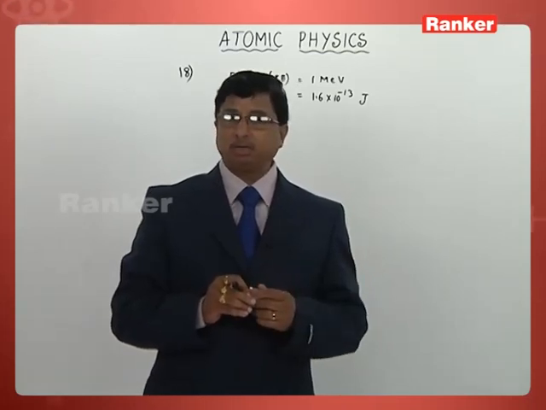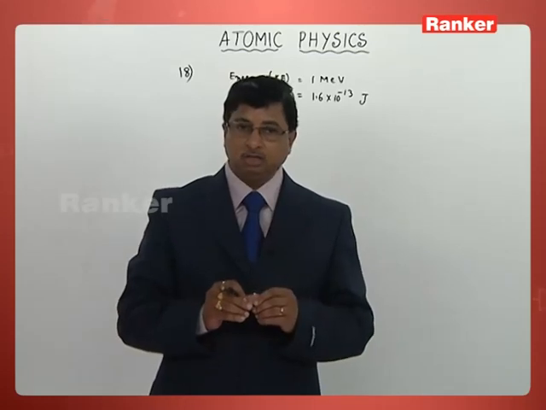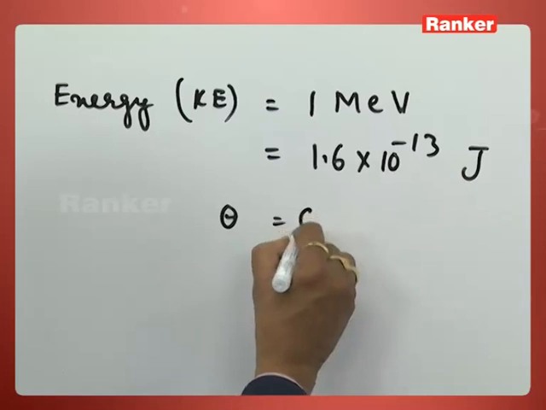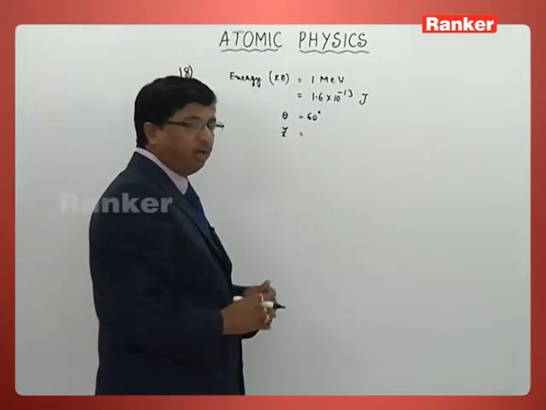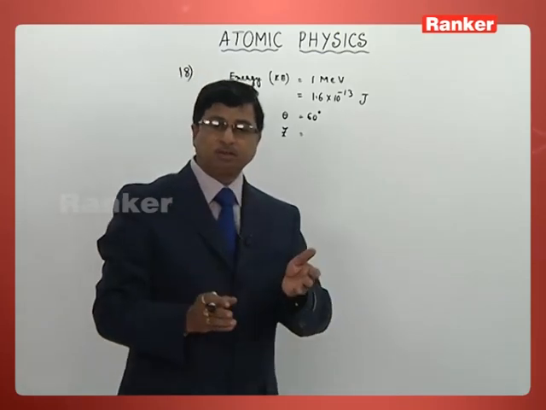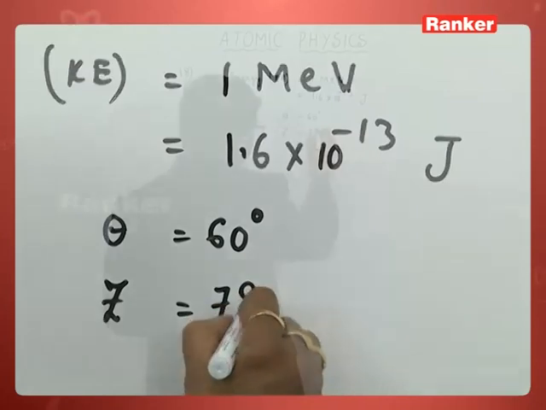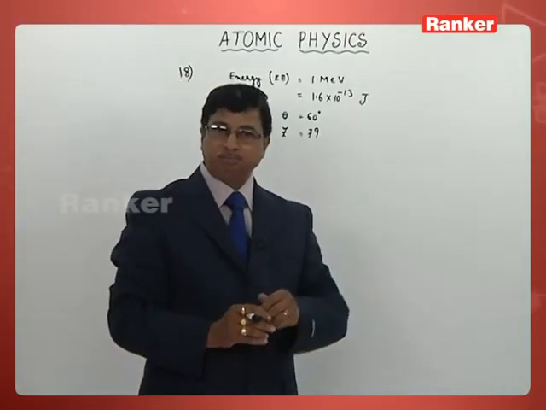So it automatically becomes 1.6 into 10 power minus 13 joule. And the angle of scattering, theta, is given as 60 degrees, and the atomic number of the foil which is scattering the system is given as 79. These are the values mentioned in the problem.